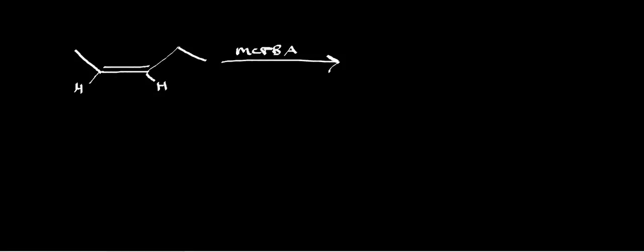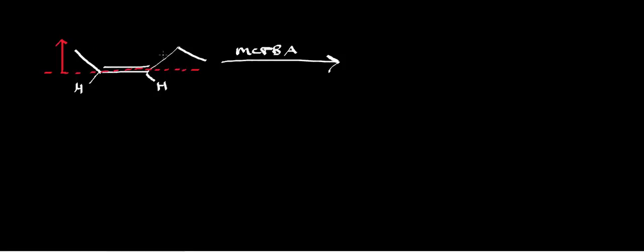Here's what I'm going to do. I'm going to take the double bond, and I did this in a different color, and I'm just going to simply draw a horizontal dotted line through it. That's all I'm going to do. The reason I'm going to do this is because I'm going to pick one side or the other. Say, for instance, I pick the top.